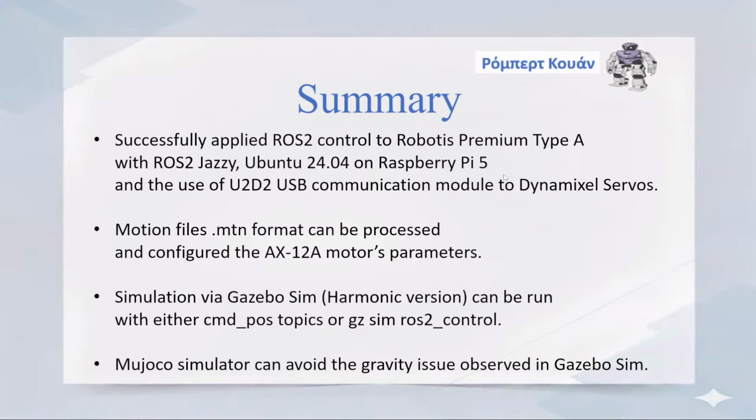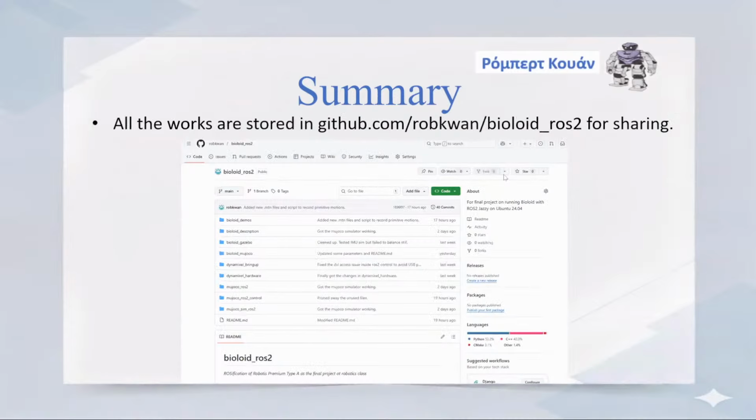The motion files can be processed and configure the motor parameters as well. I can run both Gazebo Sim and MuJoCo simulator, but MuJoCo does perform much better in terms of the gravity issue. And I put all the work into my GitHub repo for sharing.